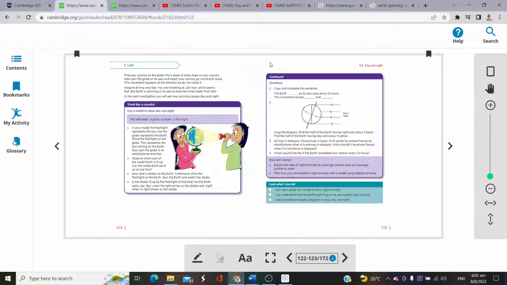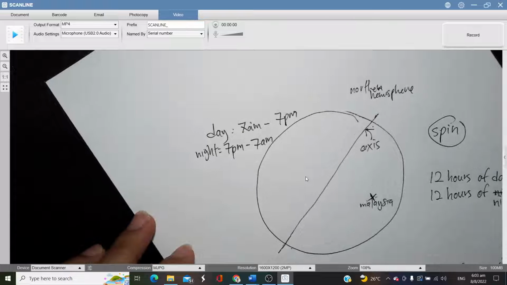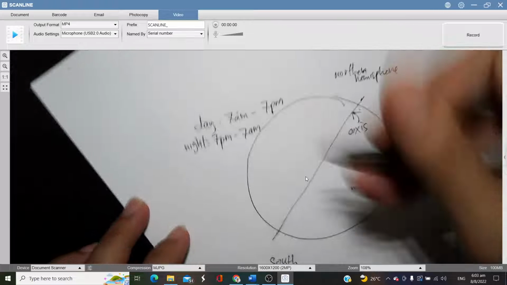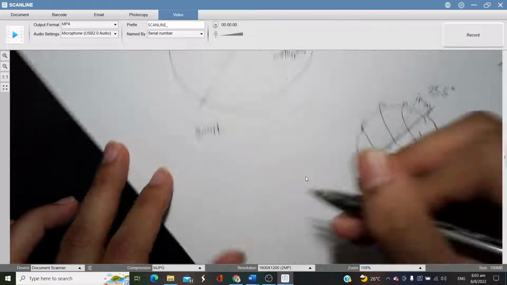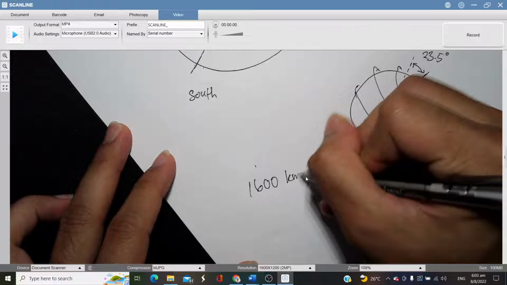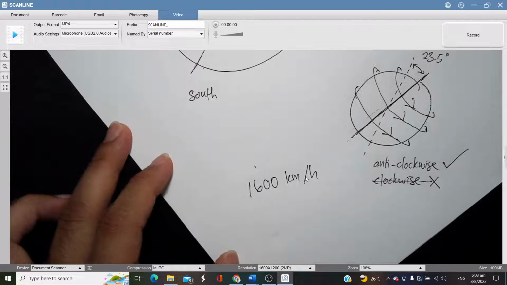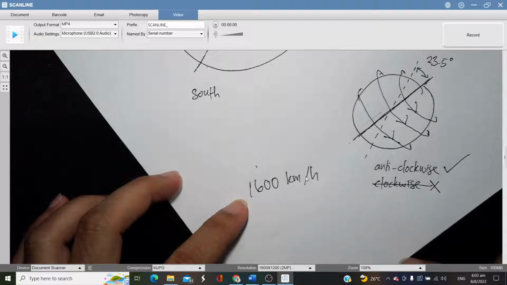How fast the Earth spins, I think I told you guys right before this. You still remember? 1,600 kilometers per hour.